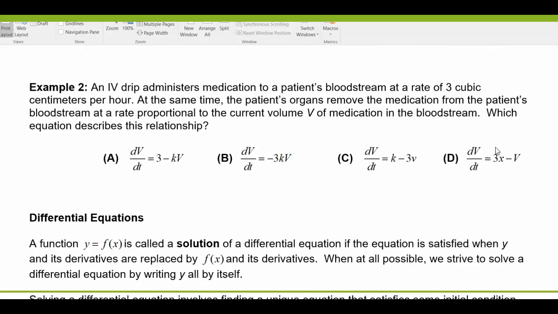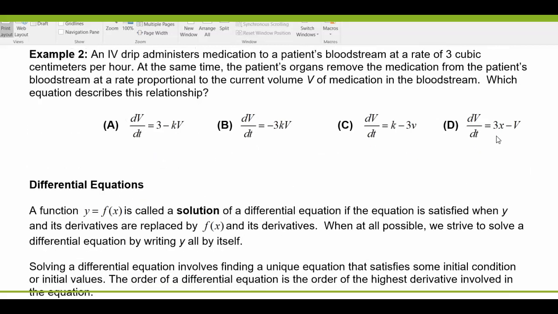Example 2. An IV drip administers medication to a patient's bloodstream at a rate of 3 cubic centimeters per hour. The minute I see cubic, I know I'm talking volume. That's also kind of like my initial condition. At the same time, the patient's organs remove.